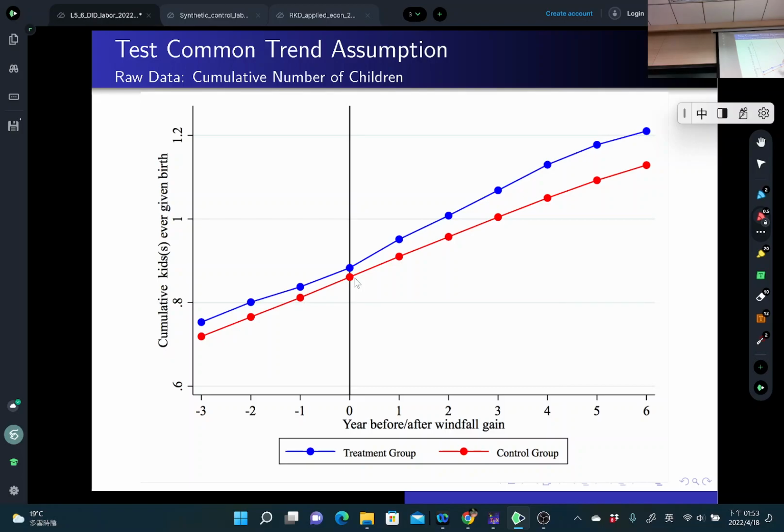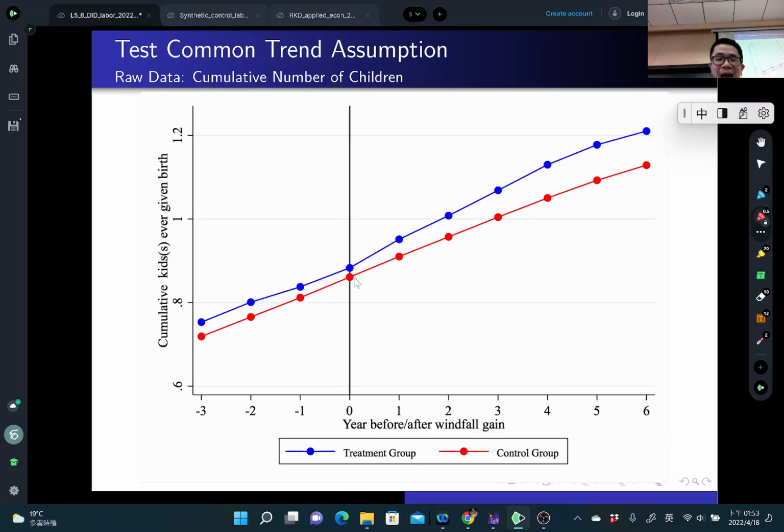So the Y is the cumulative number of children ever born over time. The blue line is the treatment group, the red line is the control group, and 0 means the lottery winning year. Negative is before and positive is after. And you can see that before the treatment happened, the treatment group and control group have very similar time trends.